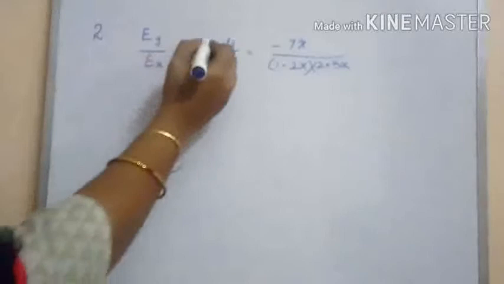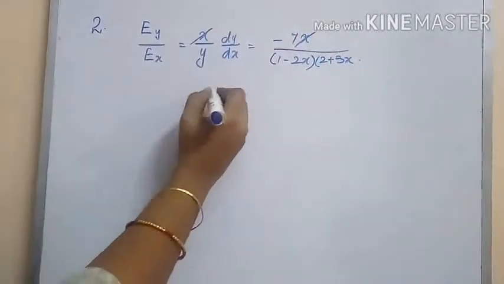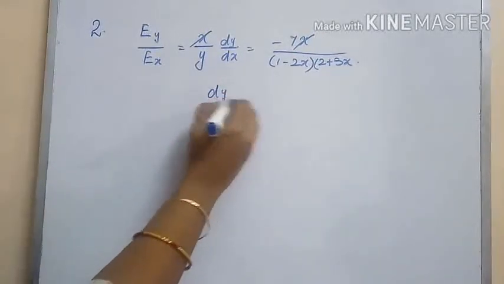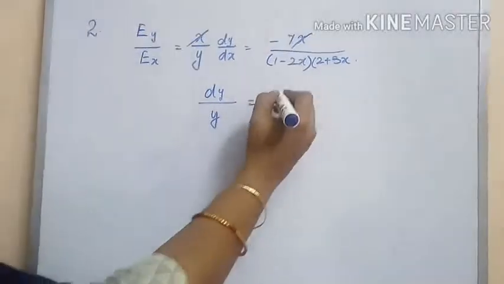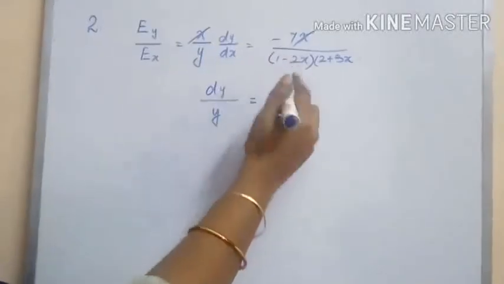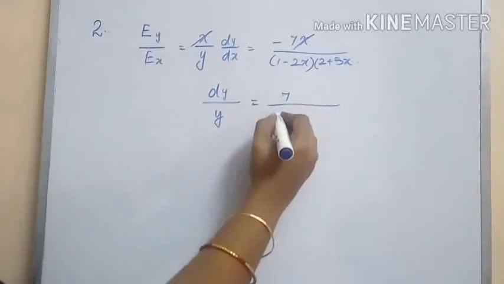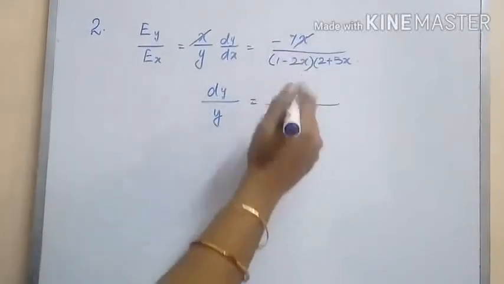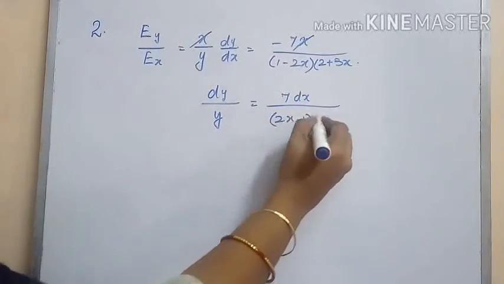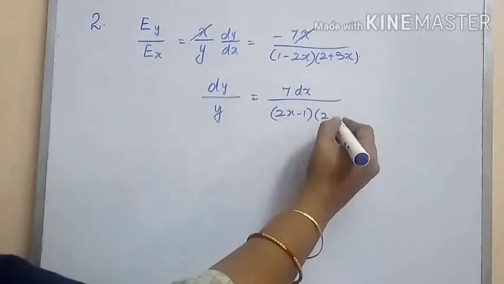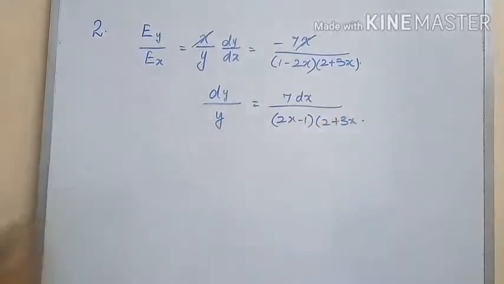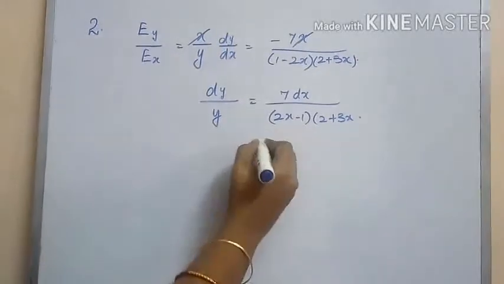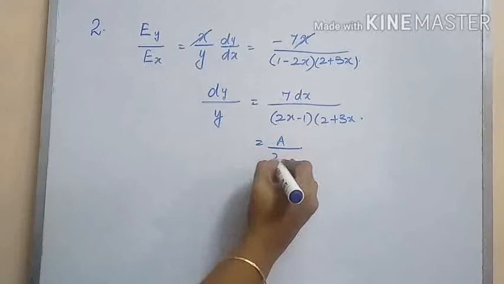Let us cancel x on both sides. So we get dy by y is equal to, in order to vanish the negative sign, let us interchange the sign in the denominator, 7 by (2x minus 1) into (2 plus 3x). Take dx to the numerator.